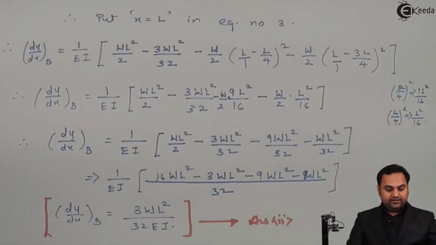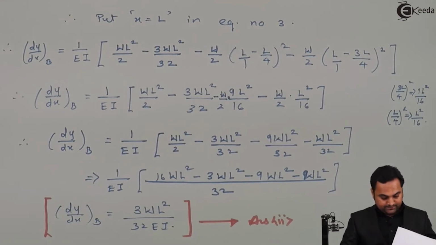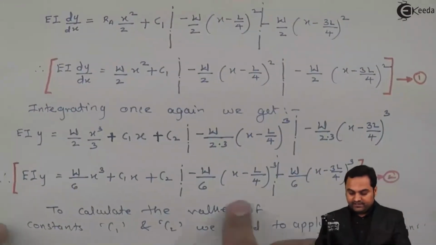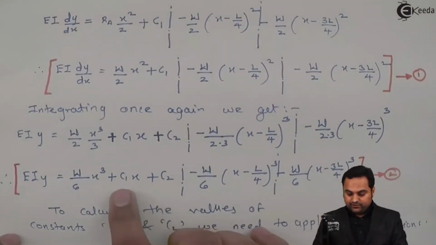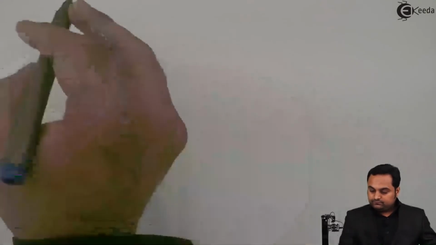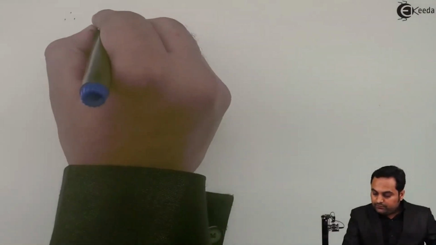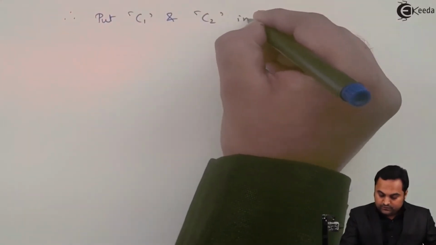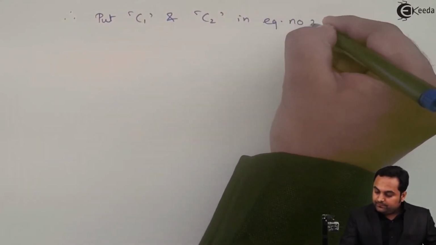So for that I will require the deflection equation, and we were having the deflection equation in equation number second. Just we need to put the values of C1 and C2. So therefore, put C1 and C2 in equation number second.